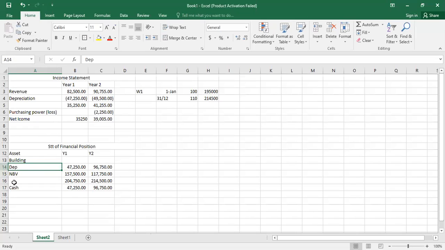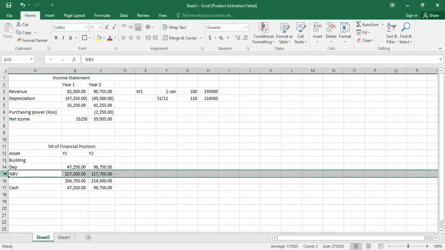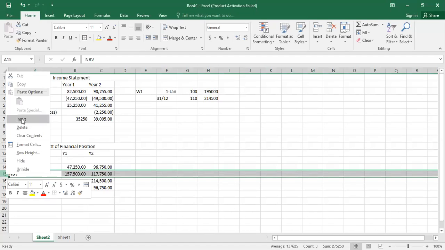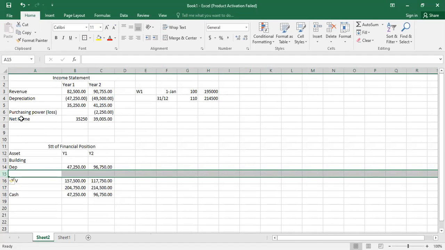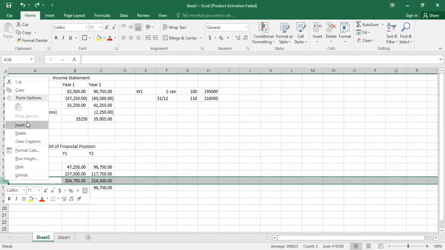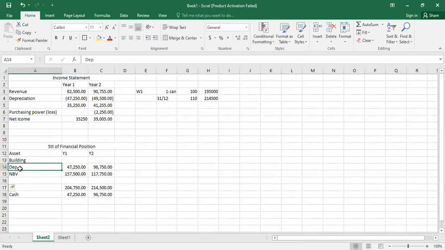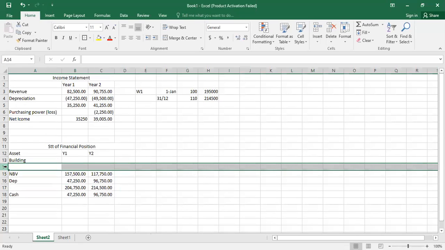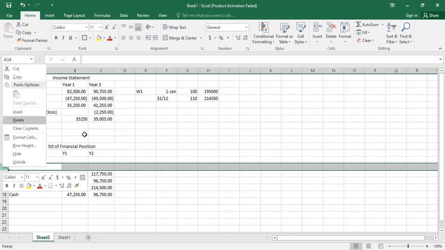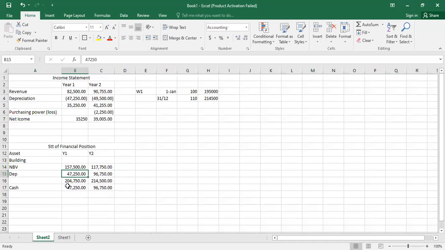To make it look even more accounting, let me insert this here. I want to cut. Now that one is better if I arrange it that way.